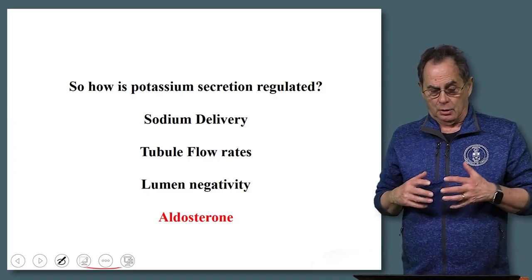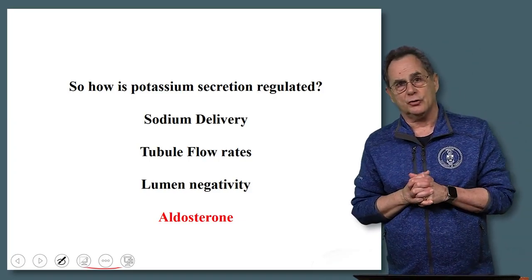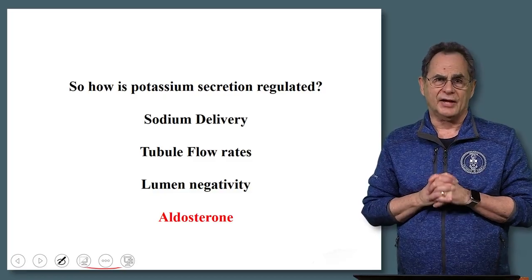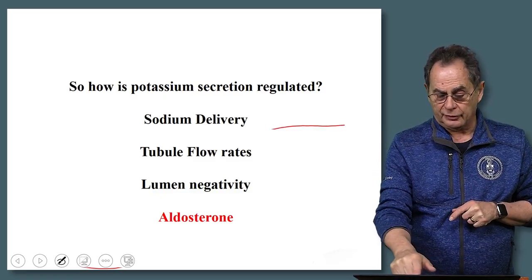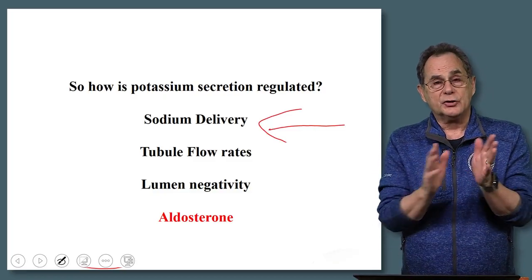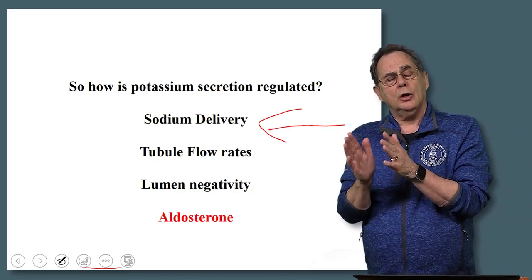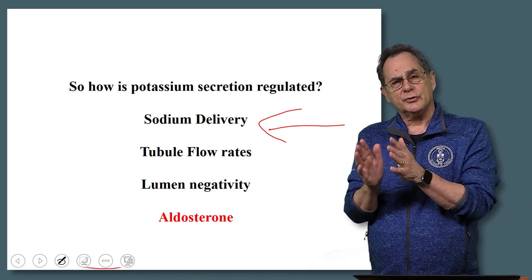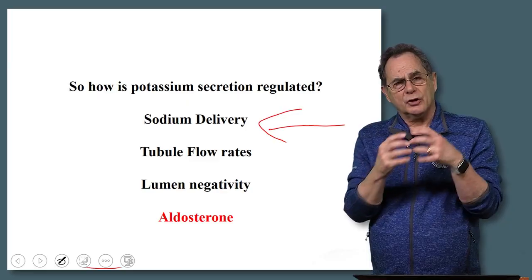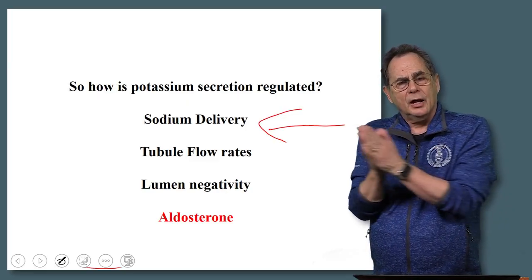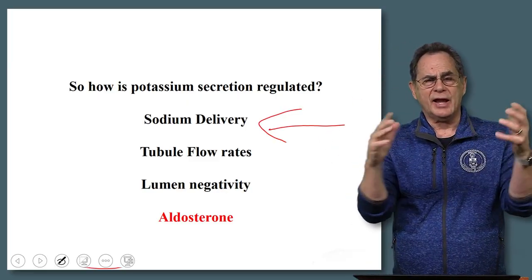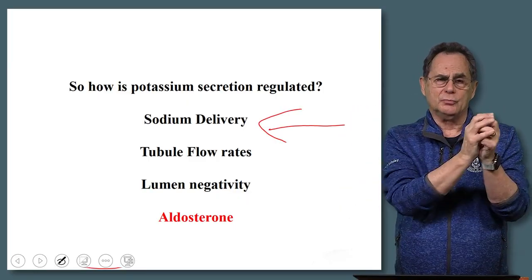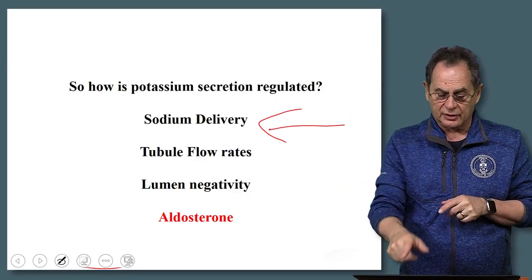So here are the factors that determine potassium secretion. The delivery of sodium. Why? Because sodium entering the cell through the epithelial sodium channel generates a lumen negativity that attracts positive to negative, facilitating the movement of potassium outside of the cell.